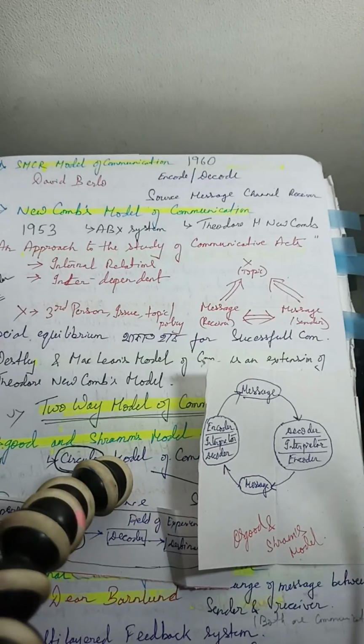Suppose the context factor, the topic we are talking about. For example, suppose an individual doesn't know the ABC of the stock market, and I say to him mutual fund, large cap fund, small cap fund, intraday trading and whatnot, then it will be out of context for that particular receiver.